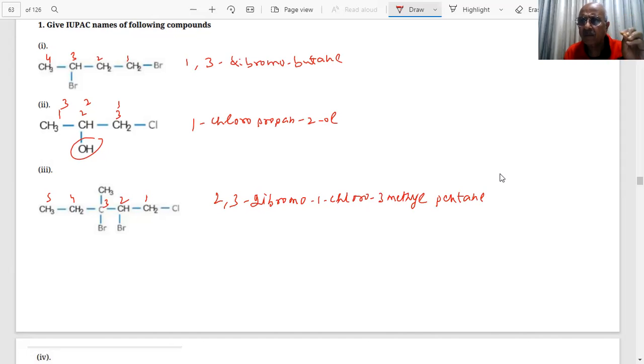It will not be such a direct question. They want to see whether you have learned the rules or not, students. We cannot remember all the IUPAC rules, but only by practice we learn more. That is my experience, that I learn more by practice than by mugging the rules. It is difficult to mug all the rules.